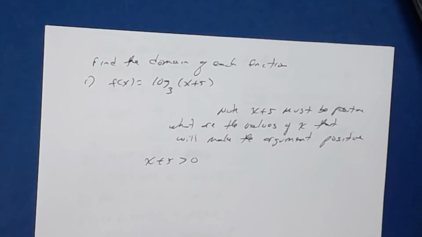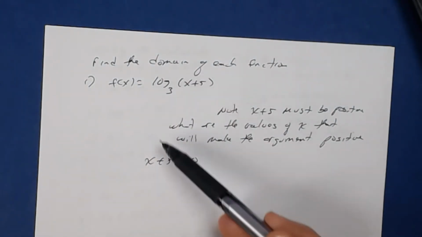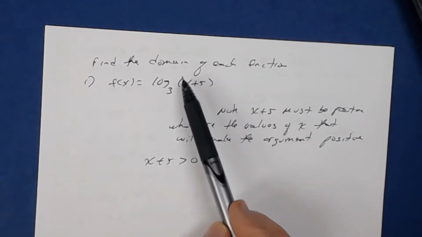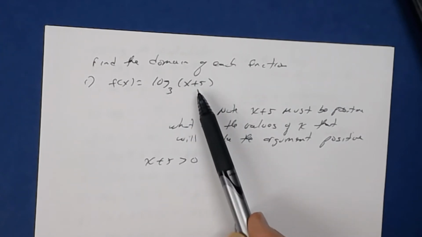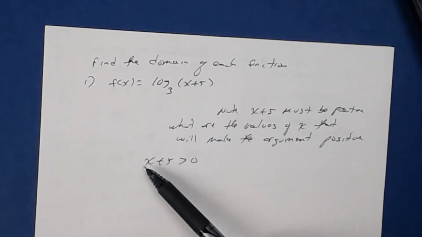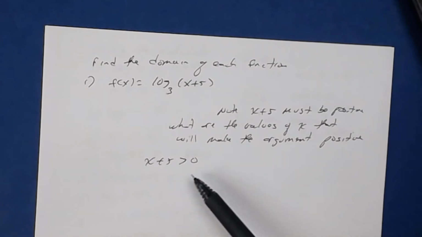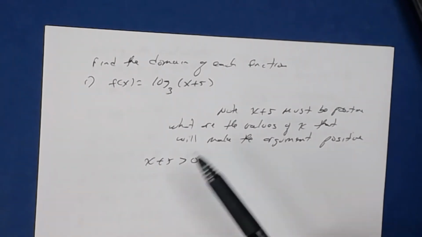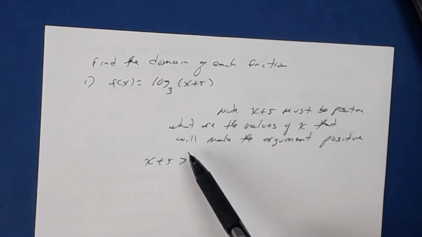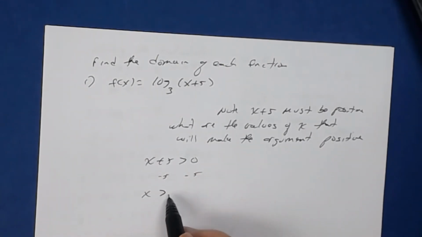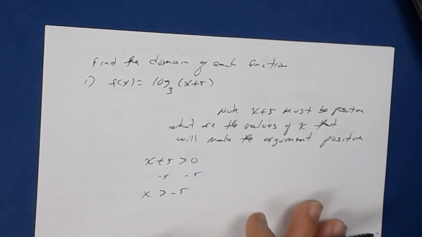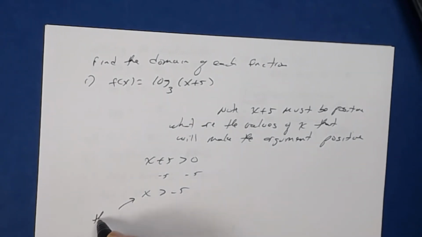So for all of these, you're going to set this up as an inequality. You take the argument, which is x plus 5, and ask where is x plus 5 greater than 0. To solve this, you just subtract 5 from both sides, and you get x greater than negative 5. So there's your domain.